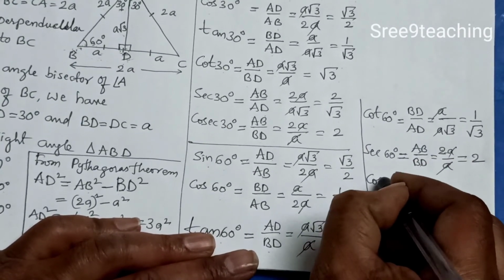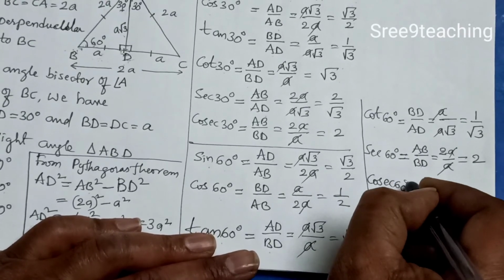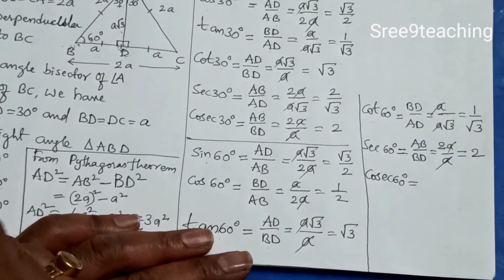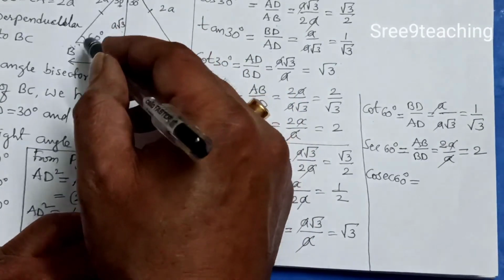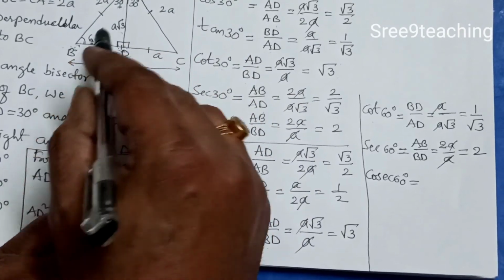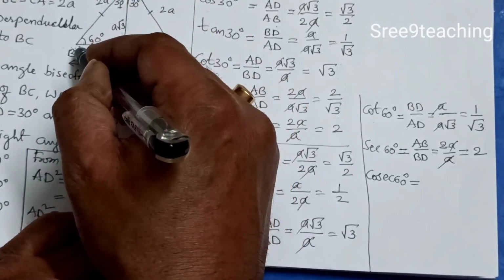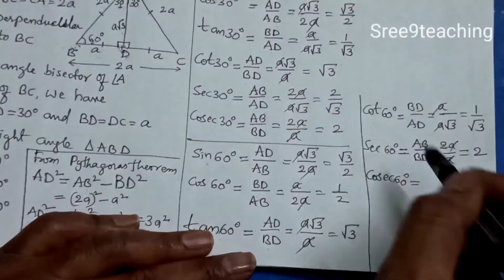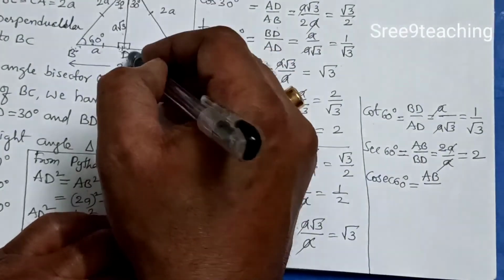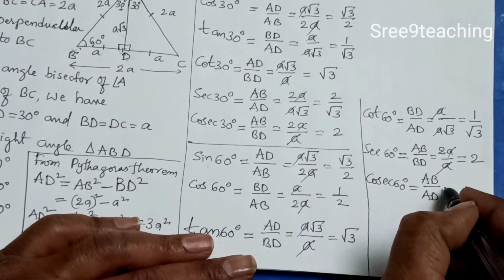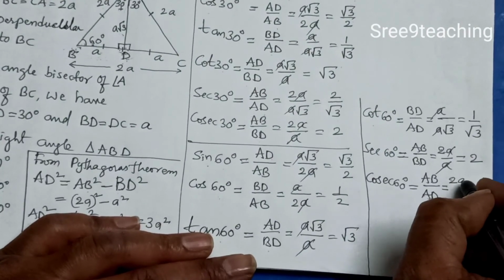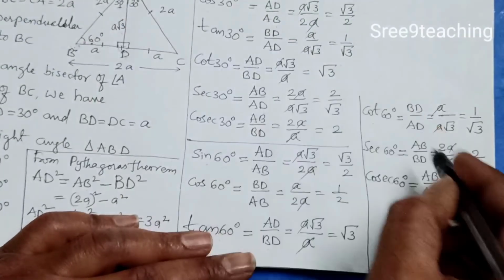Now coming to last, cosec 60 degrees. What is the formula for cosec? What is the ratio? It is hypotenuse by opposite. So this is 60 degrees, hence AD will be the opposite and AB is the hypotenuse, that is AB by AD, equal to AB value 2A and AD value A root 3.